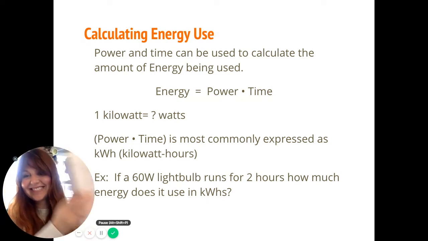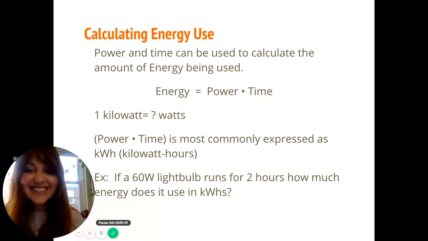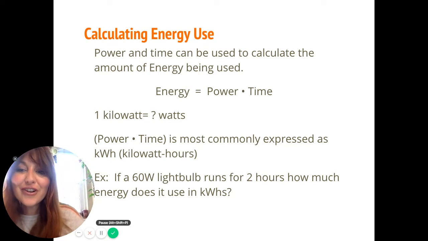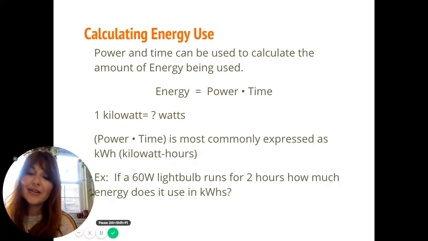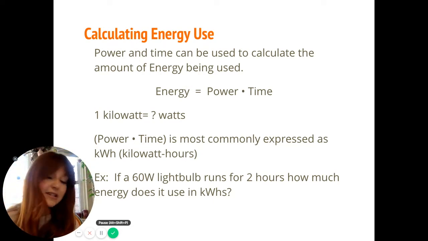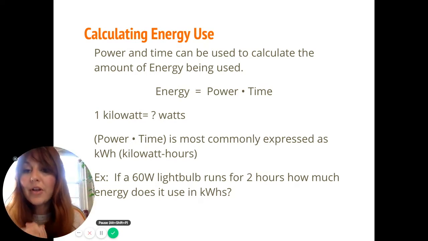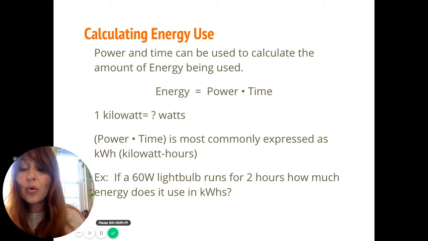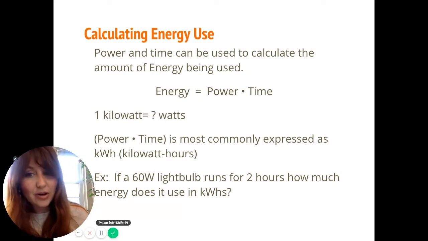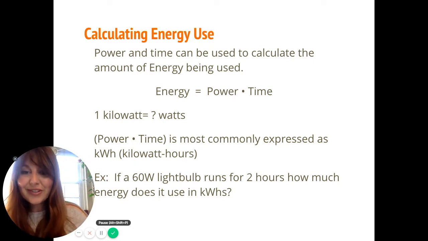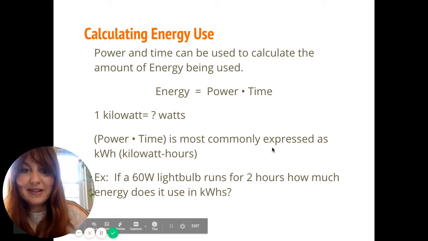You convert 60 watts to kilowatts, you should get 0.06 kilowatts, multiplied by 2, and you come up with 0.12. So 0.12 kilowatt hours is how much energy was used during that span of time.